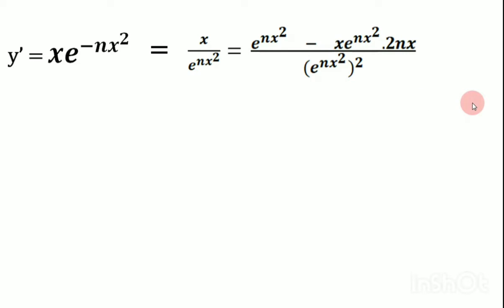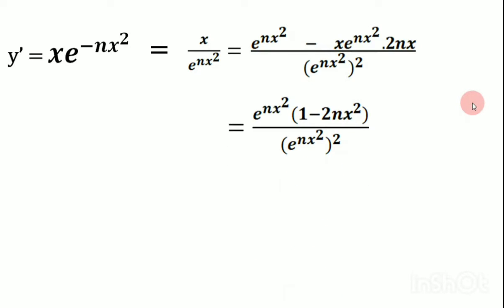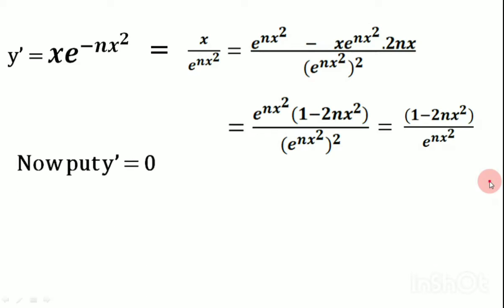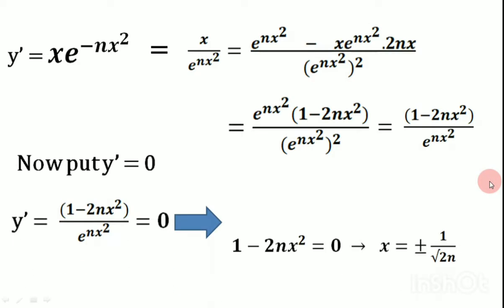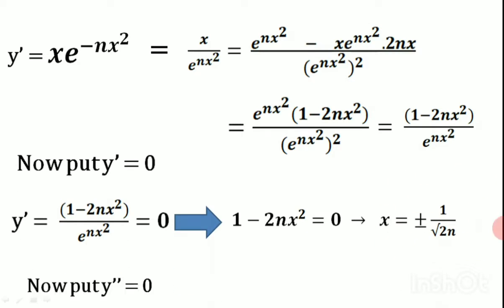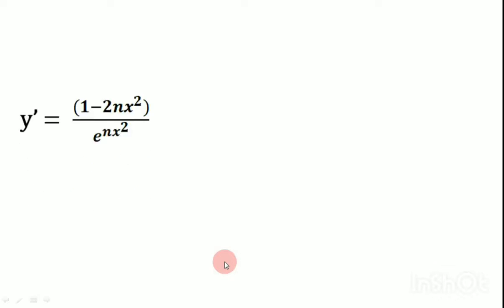Then we apply y' = 0. After applying, I get x = plus or minus 1 / root(2n), which are the stationary points. Now I have to find y''. So I take y' and apply the derivative.